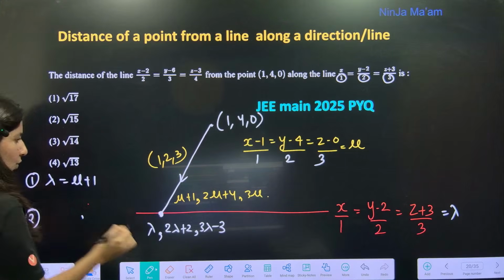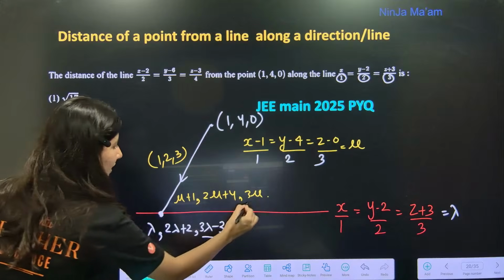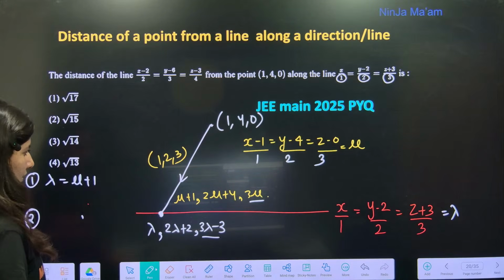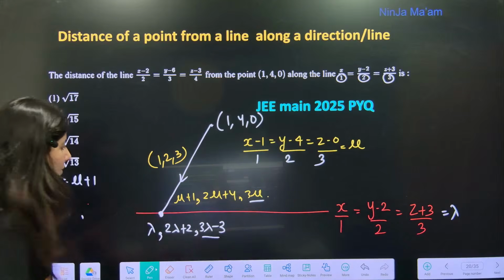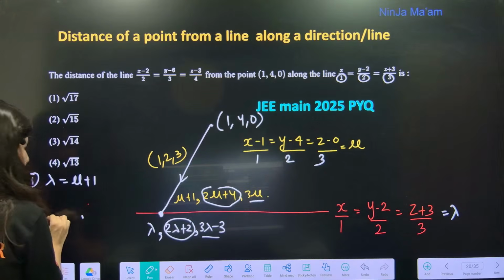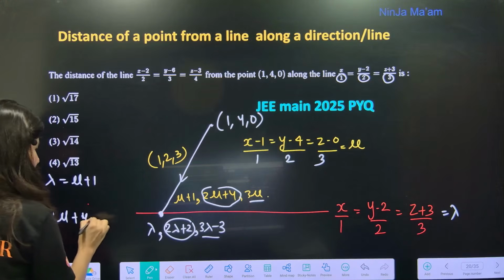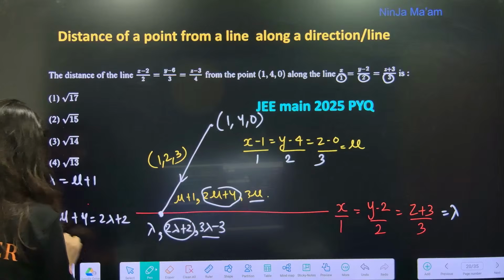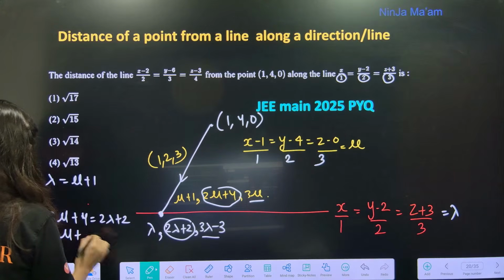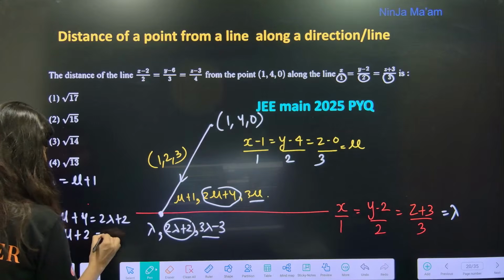Second equation you will get by equating these two. So 2 mu plus 4 is equal to 2 lambda plus 2. So clearly 2 mu plus 2 is equal to 2 lambda.